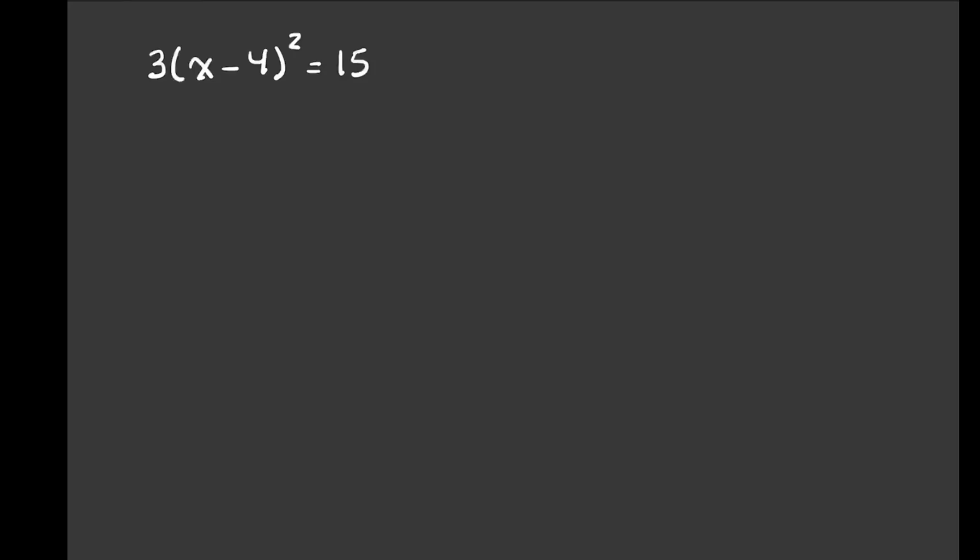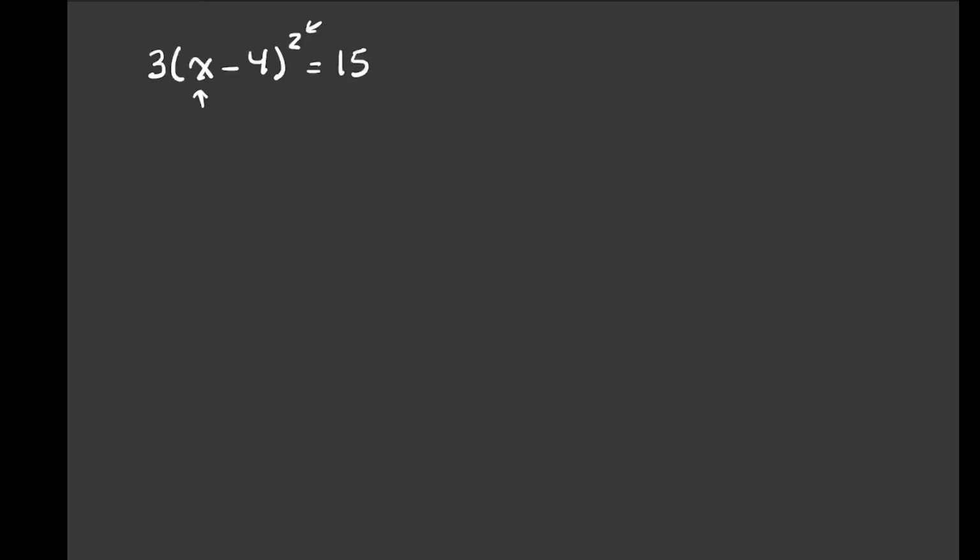Now we're given another quadratic equation, and we will also be using the square root property to solve for our x. Notice right here, my x is to the power of 1. However, this x is within the parentheses, and the parentheses is being squared.